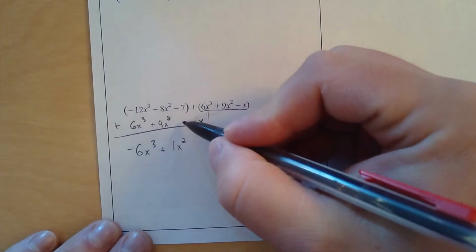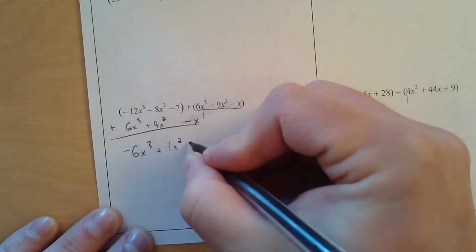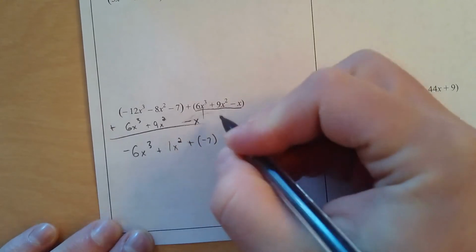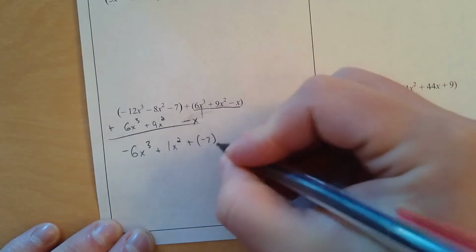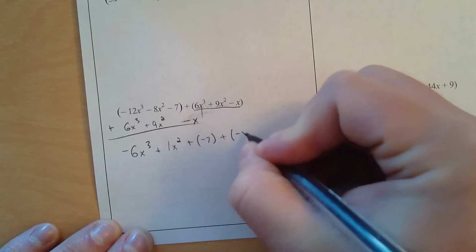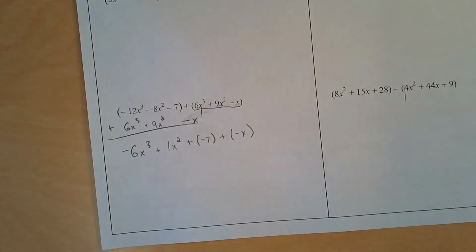And then negative 7 plus 0. And then 0 plus negative x. So those guys are just hanging out on their own. And then last thing we want to think about, is there any simplification? Oh no, we did the adding, so there's no simplification, but we can write it in standard form.